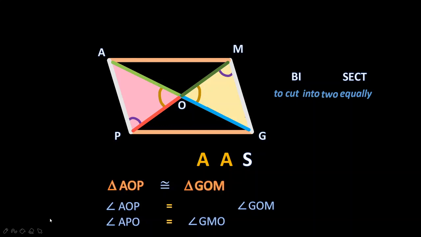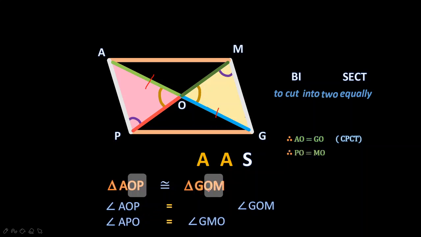We have proved that. Now by CPCT, let us look at the corresponding sides. AO is equal to GO. We can say that because these two triangles are congruent, right? Therefore AO is equal to GO by CPCT. Should write that in the bracket because we should say how we got it. And then OP, another corresponding part, is equal to OM.